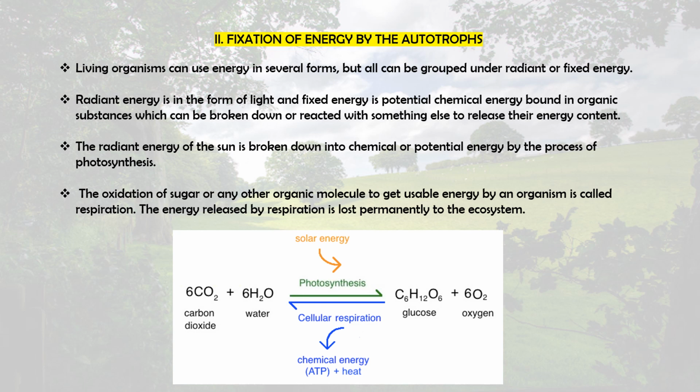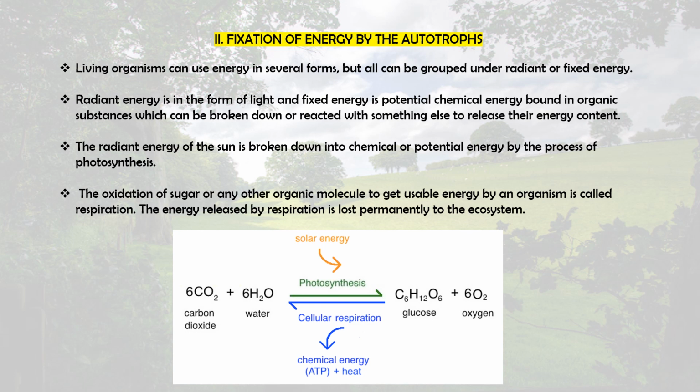So here the radiant energy of the sun is broken down into chemical or potential energy by the process of photosynthesis. So we can say that the radiant energy is fixed into chemical or potential energy.